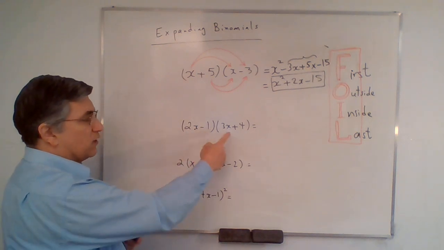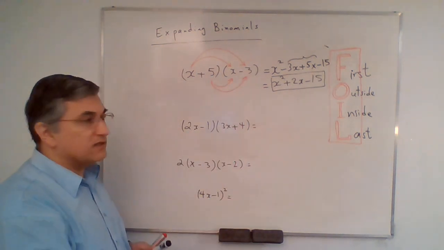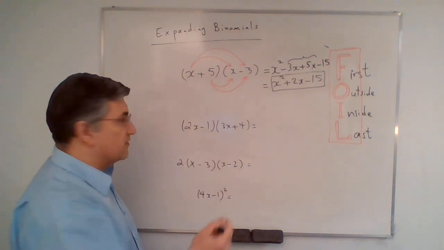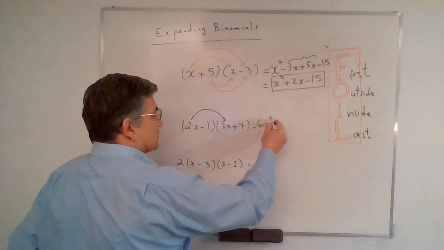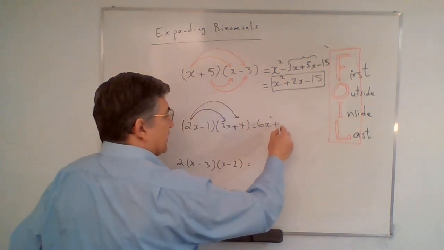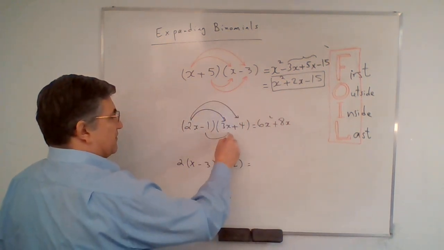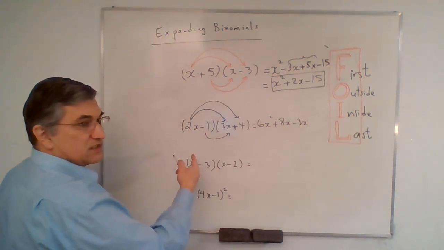So this is another example: 2x minus 1 times 3x plus 4. So I'm going to follow this so-called FOIL method. I'm going to multiply 2x by 3x. That's going to be 6x squared. 2x times 4 is going to be 8x. And then we have negative 1 times x, which is negative x. That was the inside term.